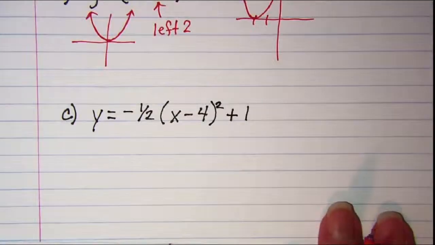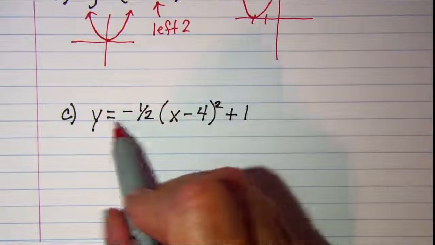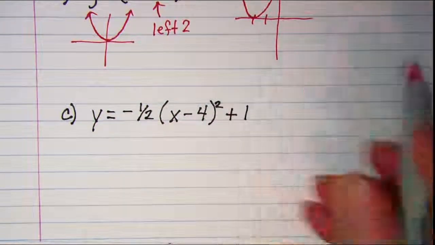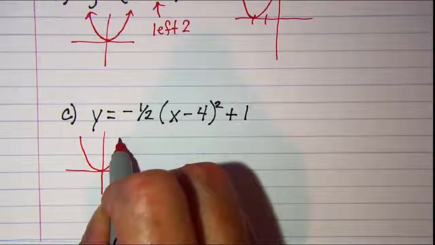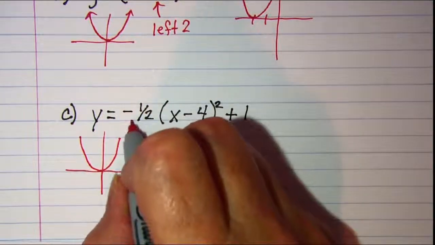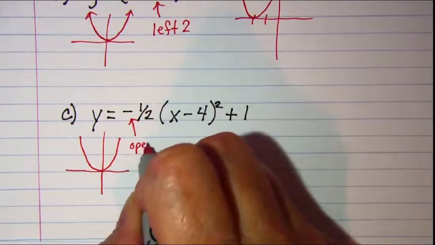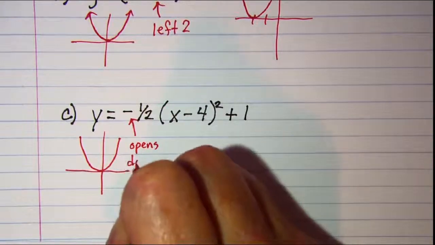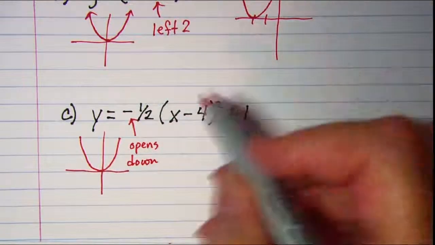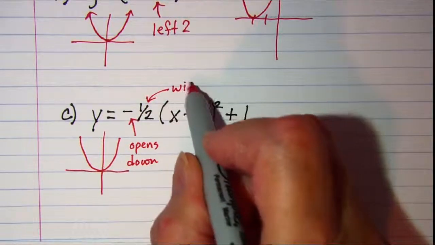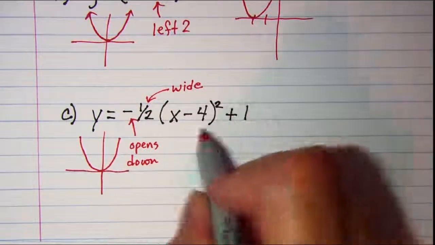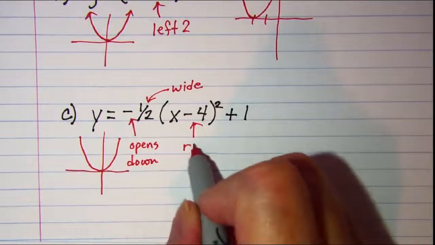This one has a few things being done to it, but it is the basic y equals x squared graph. So our basic graph looks like this. This one makes it opens down. This will make it wider than the basic graph. This moves it right 4.